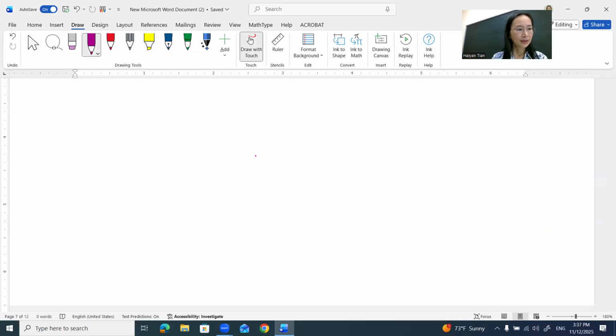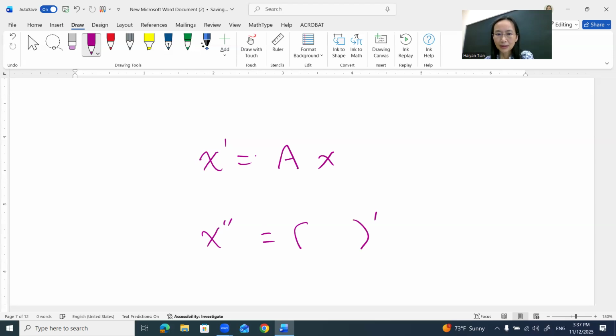So let's think of a constant coefficient matrix. If you try to differentiate, the second order derivative will be the derivative of Ax. But because A is a constant matrix, that immediately reduces to just the derivative of x.